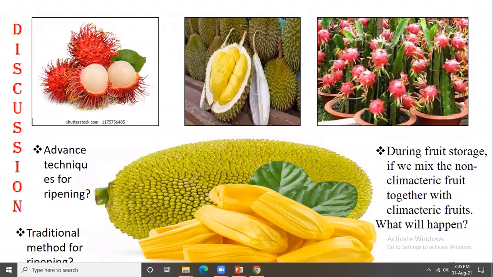This is not an advantage, this is one of the main disadvantages of mixing climatic and non-climatic fruit. Anyone?